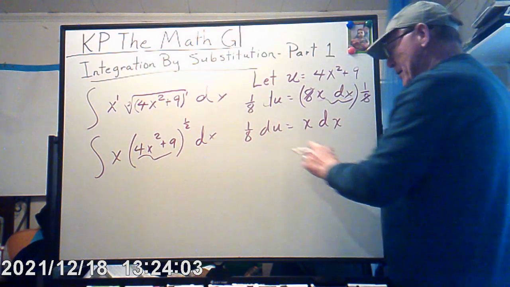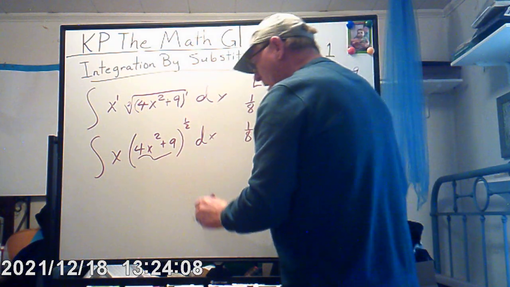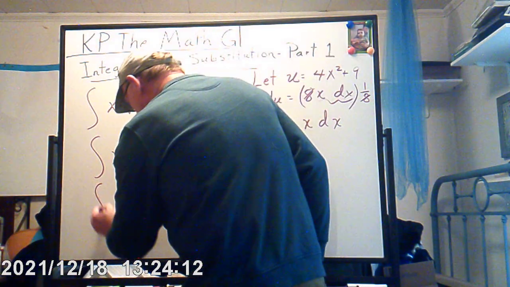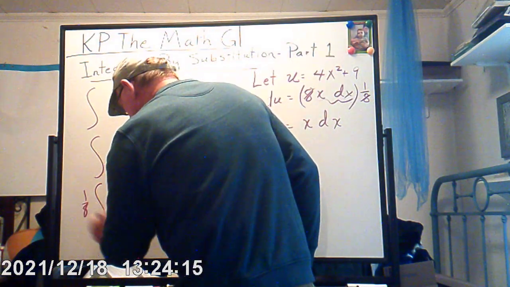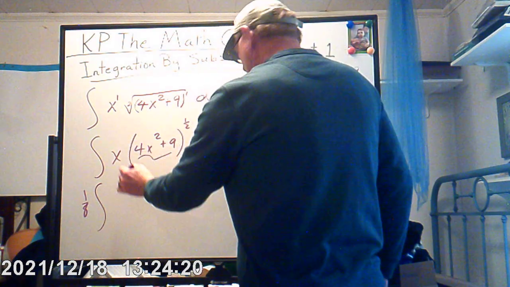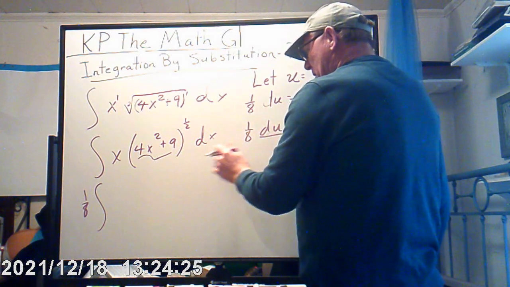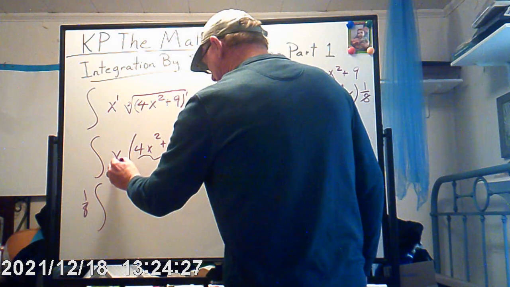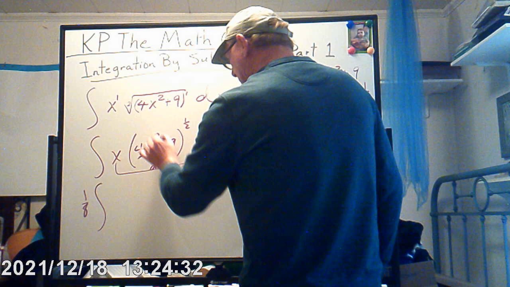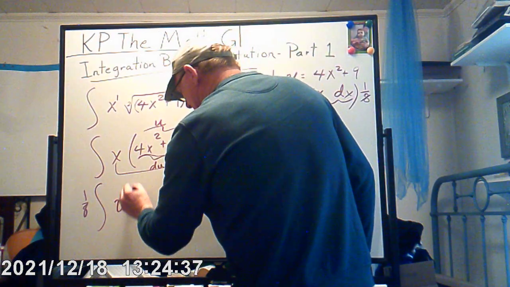So let's substitute. We have to put the 1/8 on the outside of this problem. So 1/8. Now we said that this part right here is du, and this part right here is u, so u to the 1/2.